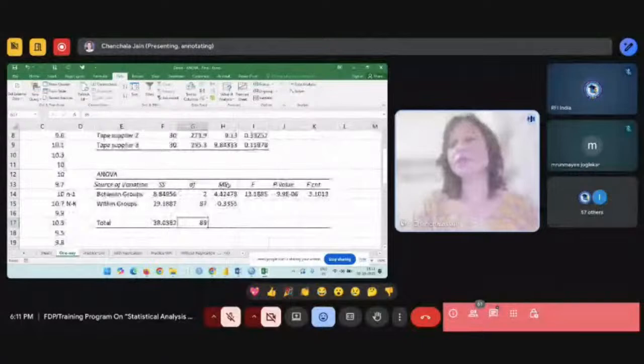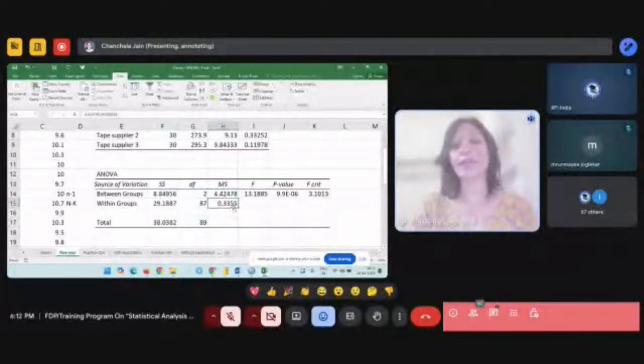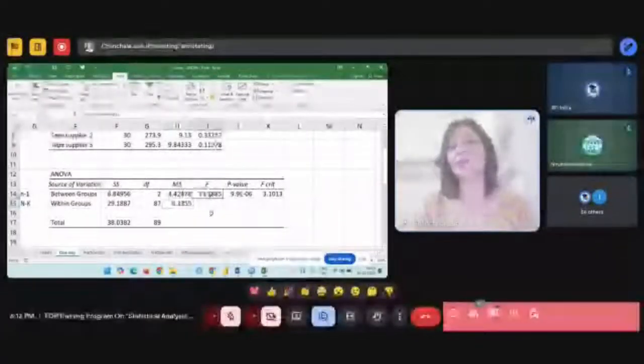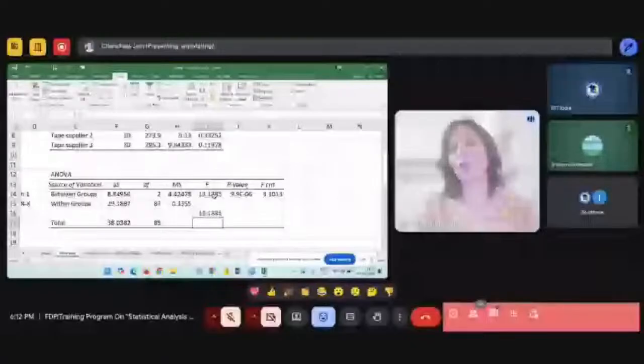Then mean sum of squares. Mean is always the average, so we divide the sum of squares by its respective degrees of freedom. It will provide me the mean sum of squares. Then I take the ratio of these mean squares, which will provide me the F value. I can write this divided by this, which comes to 13.1885, right?